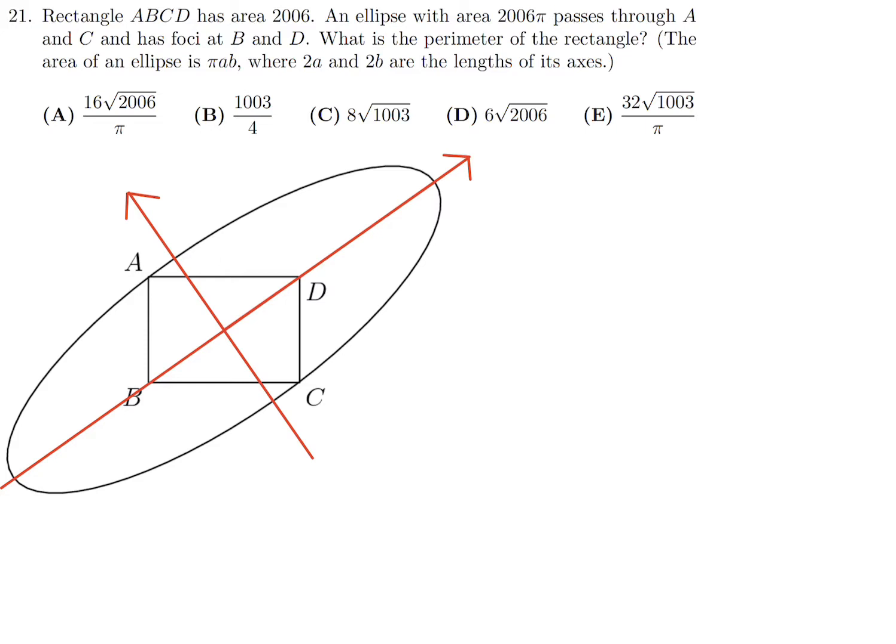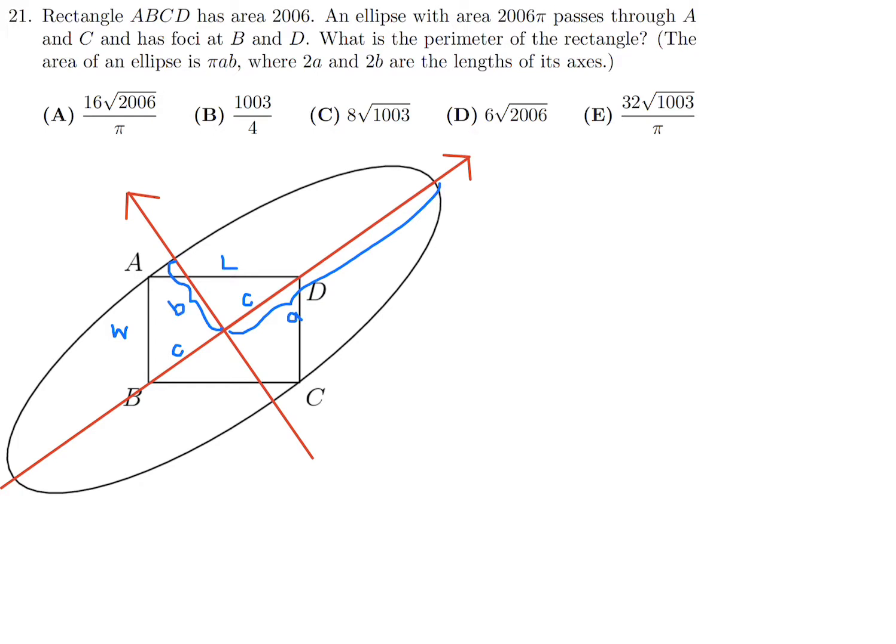The length and width of the rectangle I'll just call W and L. The foci, of course, as they say in the question, are located at B and D. So the distance from here to here is going to be C, and the distance from here to here will also be C. And we know that 2A is the distance all the way across the axes like that. So from here to here, for example, is A. And this whole distance is 2B, so the distance from here to here is B.